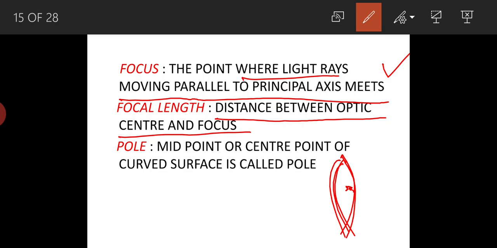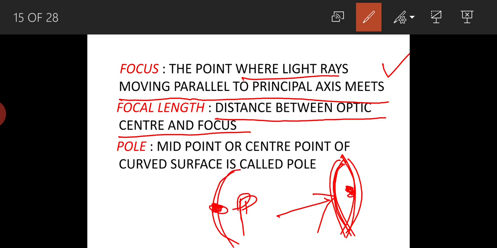The center point of this lens is called optic center, whereas if you take one curved surface, the midpoint of this curved surface is called the pole. Pole is similar to optic center. For two curved surfaces we define it as optic center, for one curved surface we define it as pole.